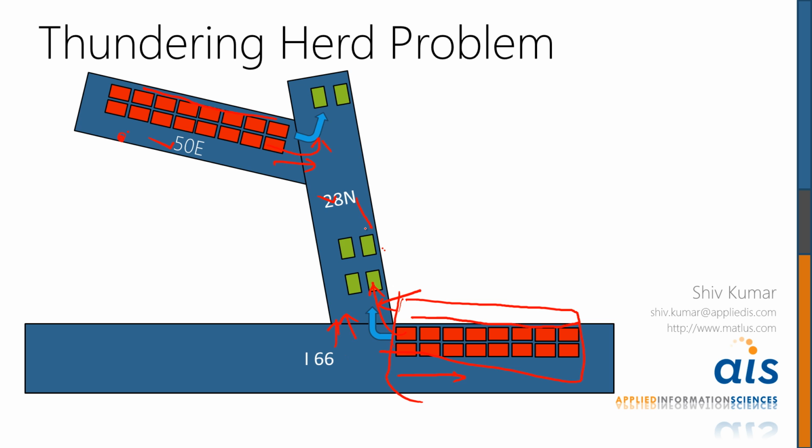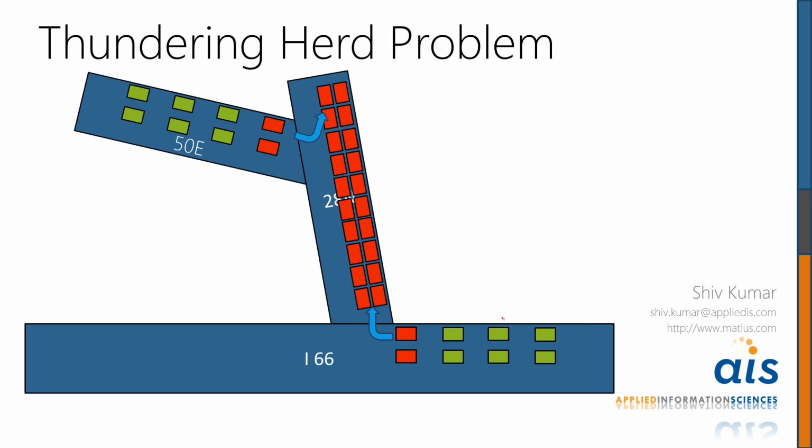So what then happens is the load, the bottleneck, now shifts from 66 and 50 to now 28. So 28 gets completely choked up. Some residual traffic or backlog is still seen on 50, just like over here on 66. But for the most part, it looks like 66 has cleared up. Same with 50, but 28 is now totally backed up.